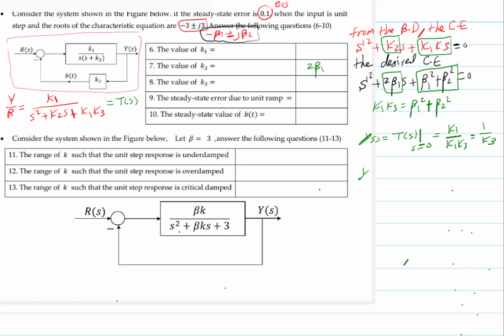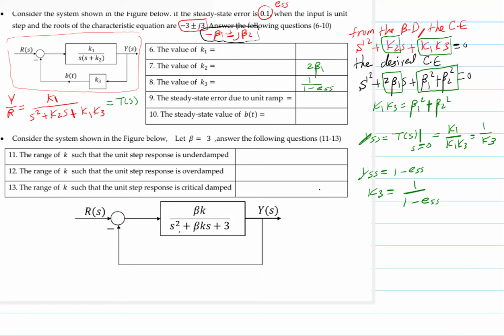Now y steady state will equal the r steady state, which is here 1 minus e steady state. So k3 is equal to 1 over 1 minus e steady state.